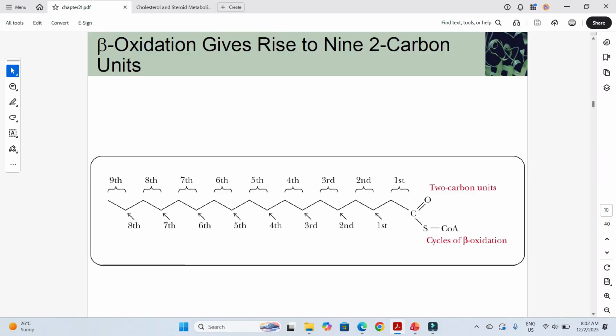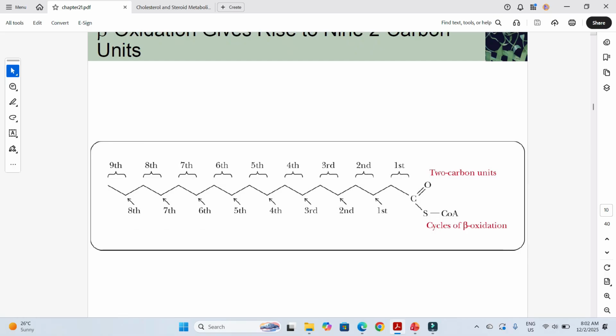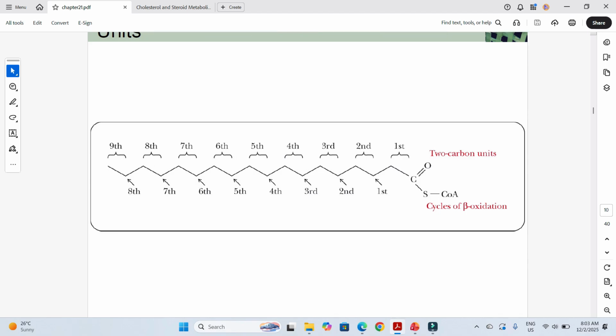If you're going to consider the case, say for example, of this molecule, what is this? C18, this is stearic acid, right? Stearoyl-CoA. Now, in this case, how many rounds of beta oxidation will be necessary to completely oxidize this to acetyl-CoA?